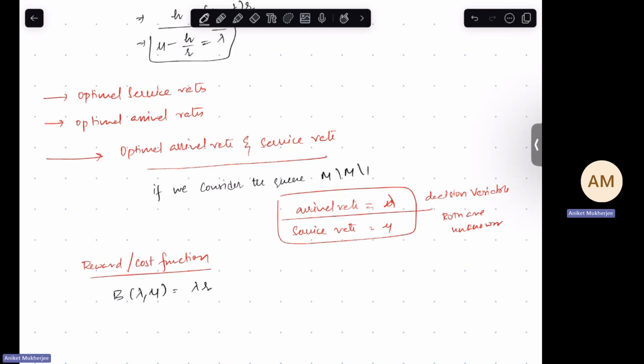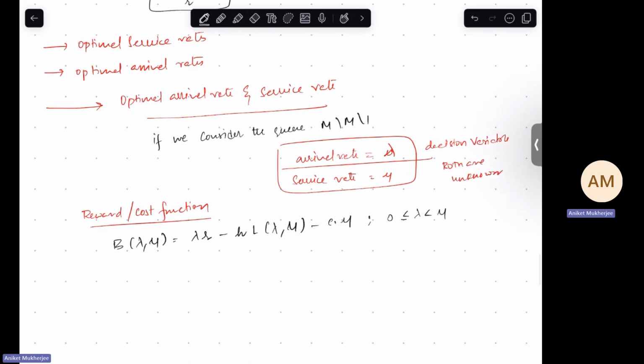There is a reward R per entering customer, so the expected reward is lambda into R, minus h into L of lambda and mu, the waiting cost per unit customer in the system, since the waiting time depends both on arrival rate and the service rate. And then a service cost, C per unit time per unit of service. The constraint is 0 is less than or equal to lambda less than mu.